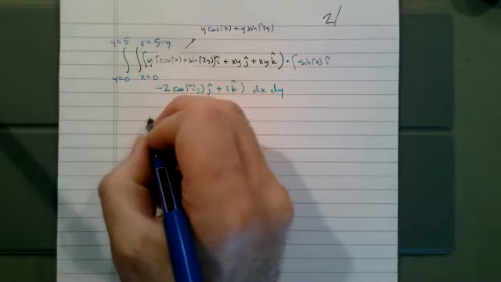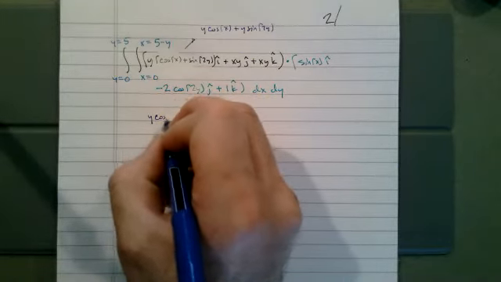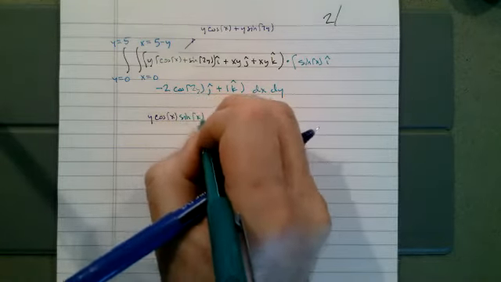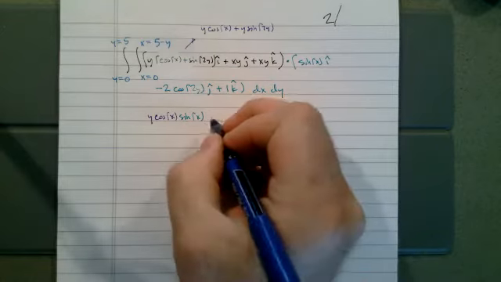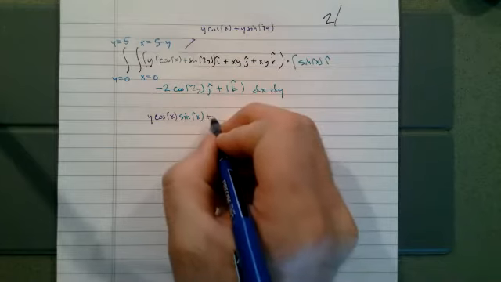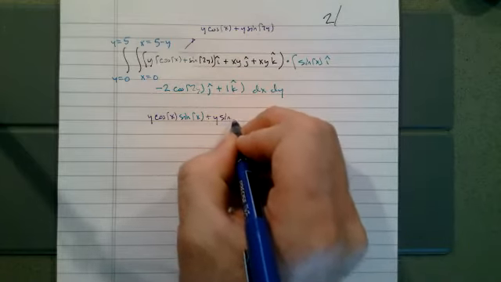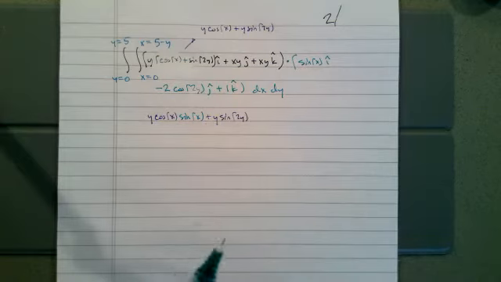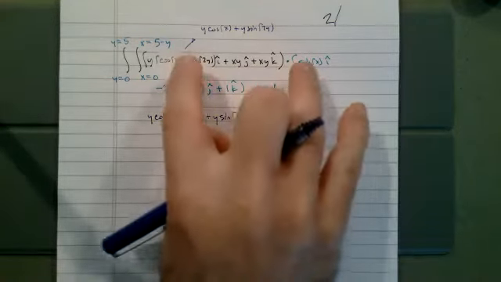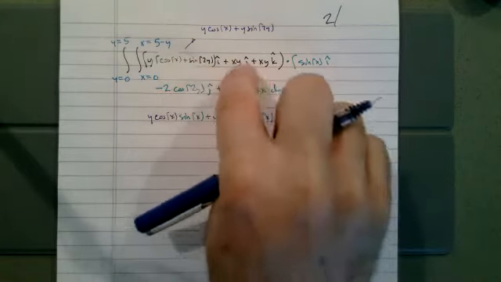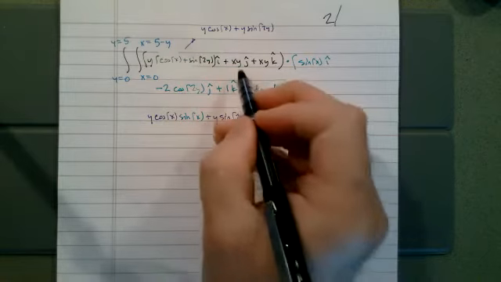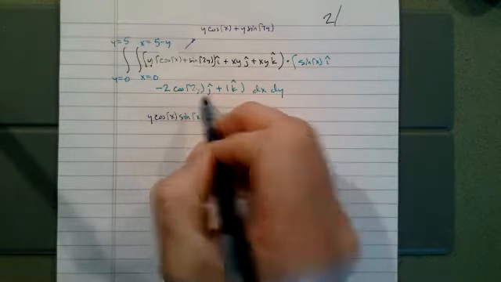plus sine of y sine 2y times sine x. That's the product of the i components. Then I need the product of the j components. So it's going to be xy times minus 2 cosine of 2y.